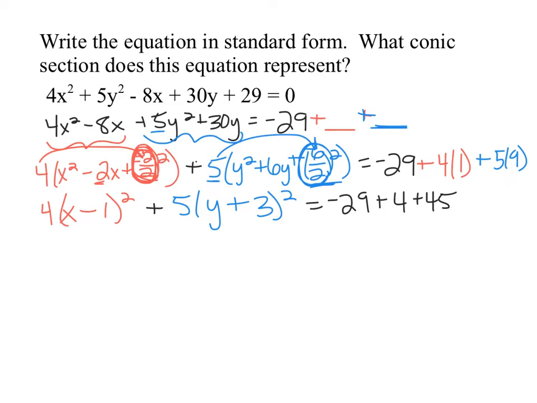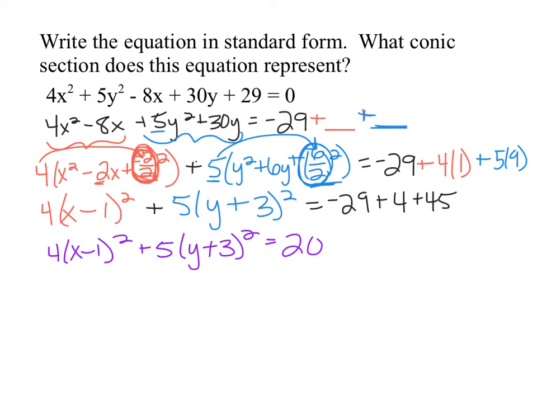So negative 29 plus 49 is going to be 20, I believe. So here is what we have. Let's put it all together. 4 times x minus 1 squared plus 5 times y plus 3 squared equals 20.